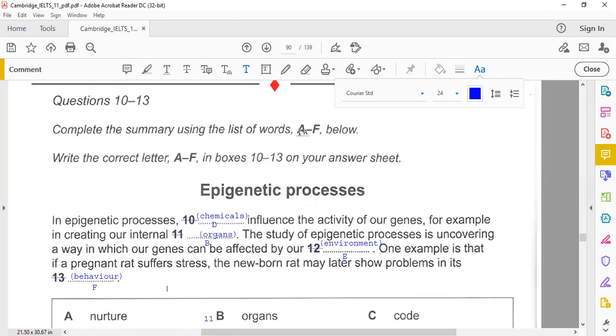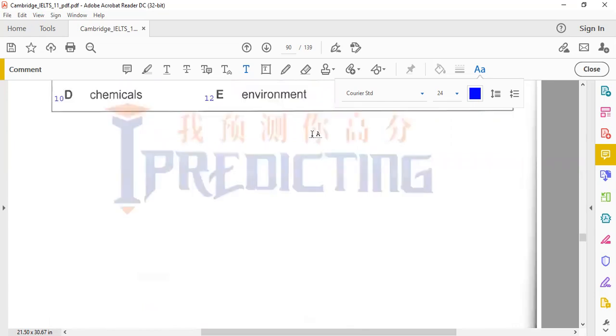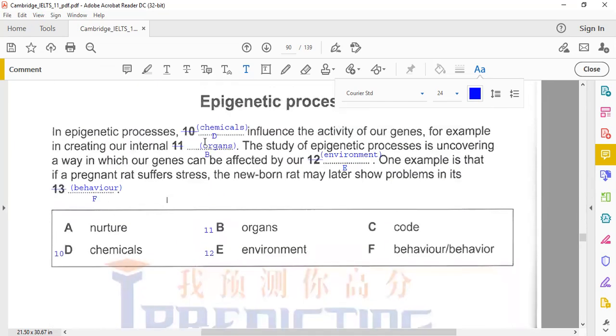You will write A to F, not the word. When you mark the answer sheet, don't write 10, D and chemicals. Do only the letter. This was only to help me keep understanding the idea, and later I could erase it.